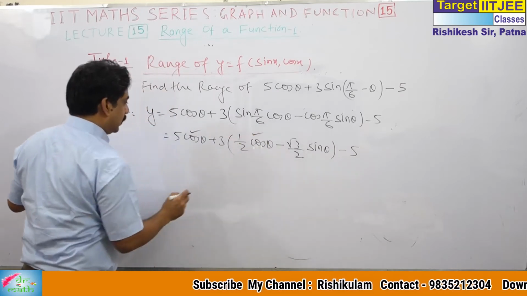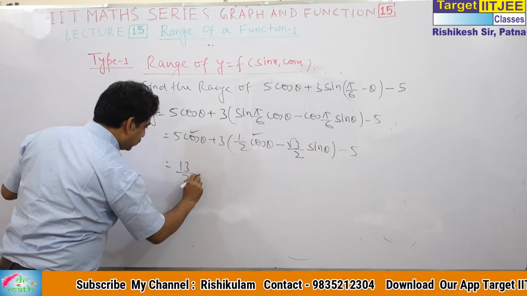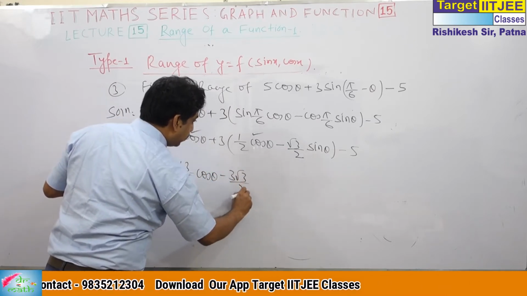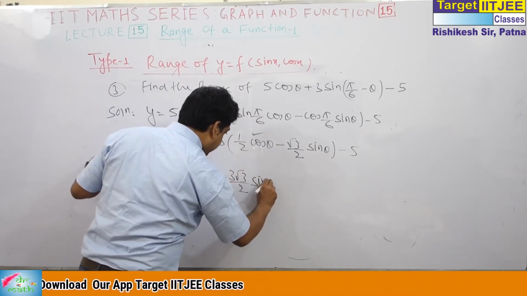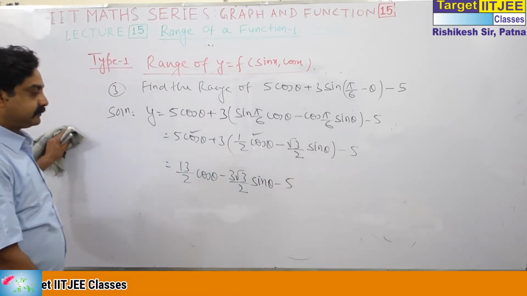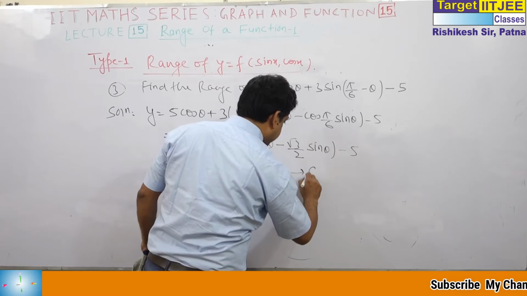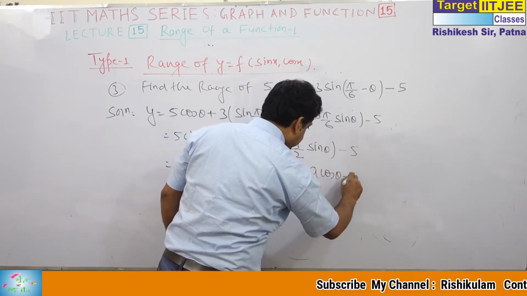Make these two terms together: 13 by 2 cos theta minus 3 root 3 by 2 sin theta minus 5. Now this is of the form A cos theta plus B sin theta.